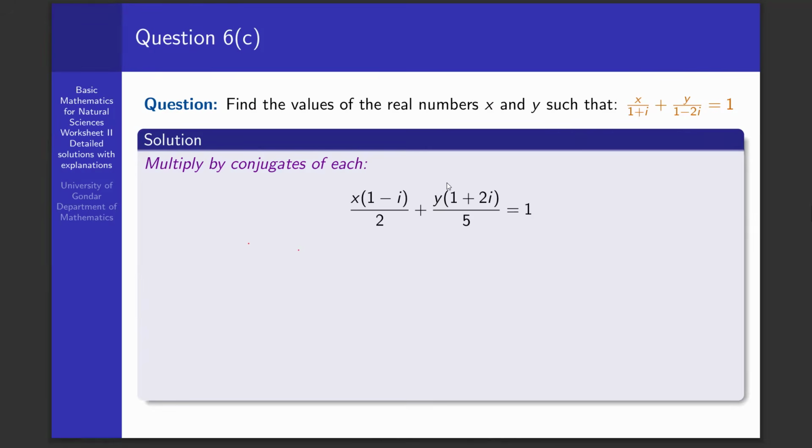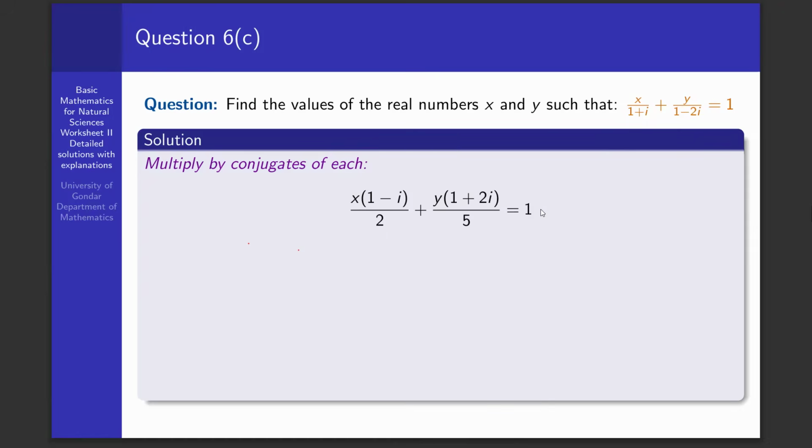So that becomes x into 1 minus i over 2, because the product of the complex conjugates is already 2. Similarly, for the next one, we have y into 1 plus 2i, the complex conjugate of 1 minus 2i, over 5. This 5 is obtained by taking the square of the real part plus the square of the imaginary part of this complex number, which is 1 plus 4, that is 5, is equal to 1.